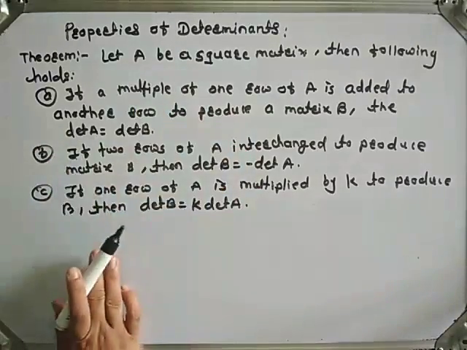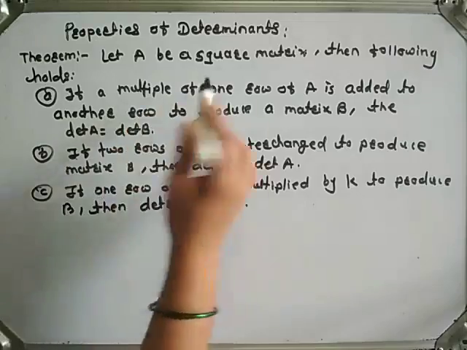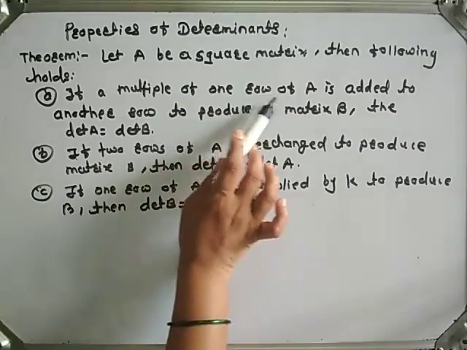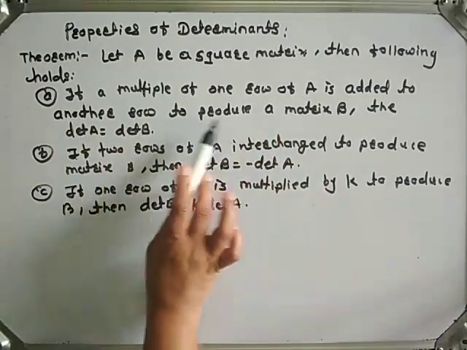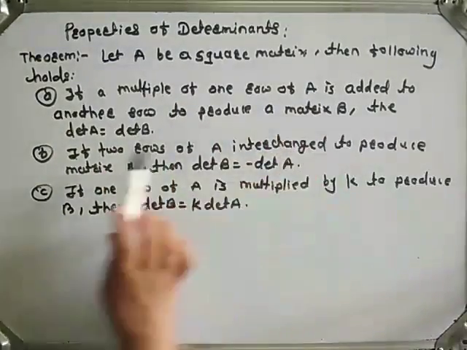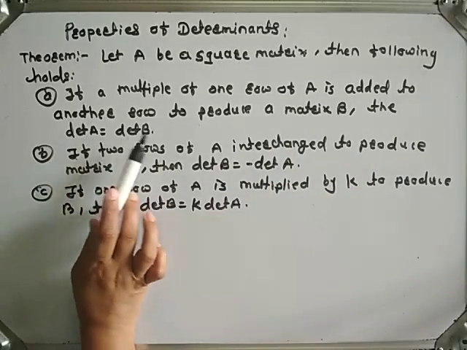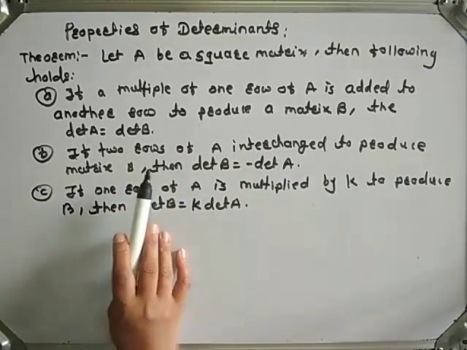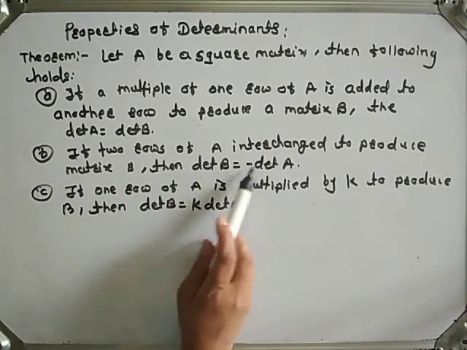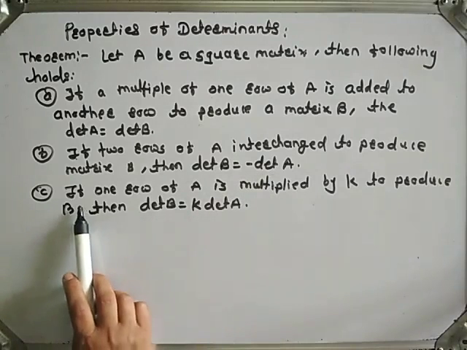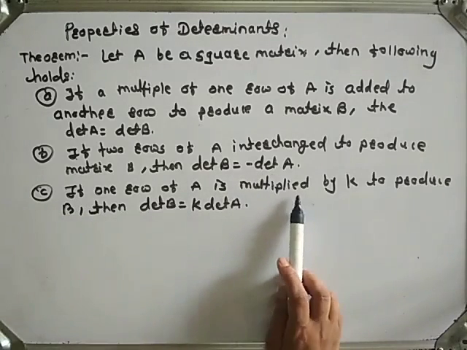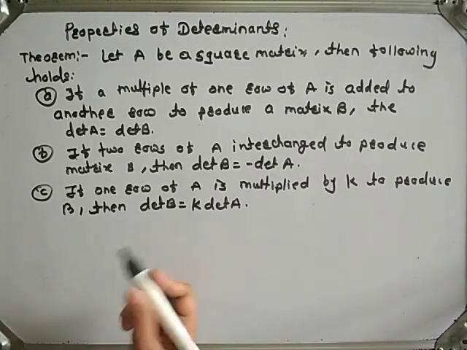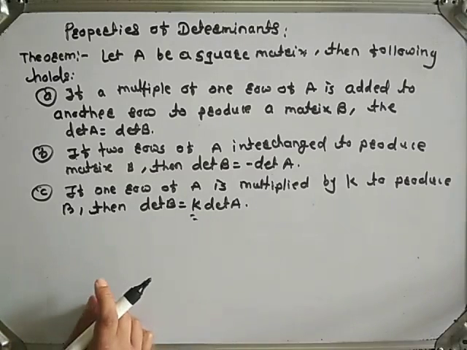A be any square matrix. If a multiple of one row of A is added to another row to produce the matrix B, then determinant of A is equals to determinant of B. Secondly, if two rows of B are interchanged, then determinant of B is equals to minus determinant of A. And C is, if one row of A is multiplied by K to produce B, then determinant of B is equals to K into determinant of A. Okay.